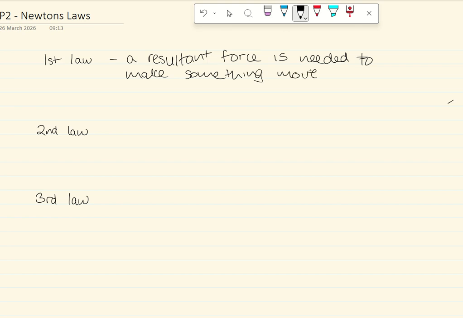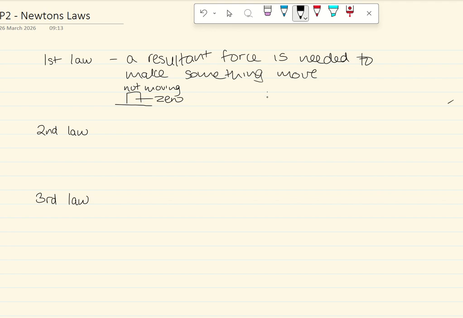Okay, a resultant force is needed to make something move. So if we think about this, there's a box on a surface. It's not moving. It's 0. The resultant force is 0 because it's not moving. So if something is not moving, it has a 0 resultant force.